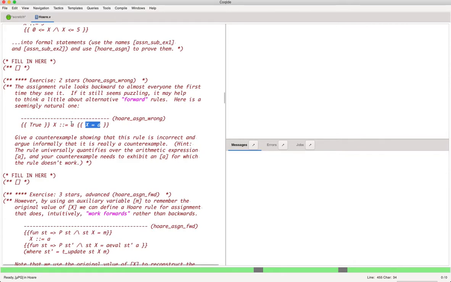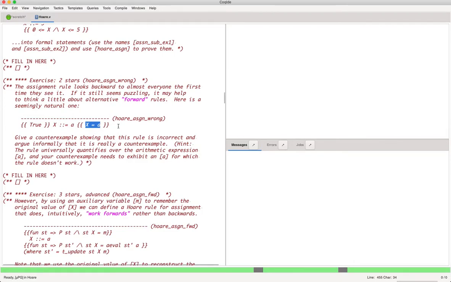Because the A in the assignment statement is using the old value. Imagine this was X becomes X plus 1, then the X plus 1 is using the old version of X, but when we write it in here, if we said X is equal to X plus 1, well, that can never be true, right? Because somehow the old version of X and the new version of X have been conflated rather than being kept separate. So this doesn't work.